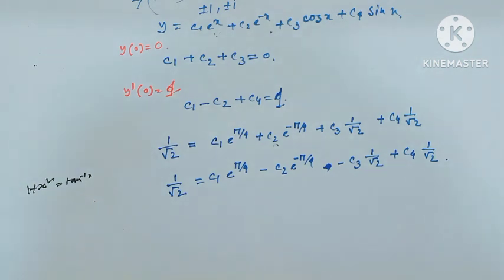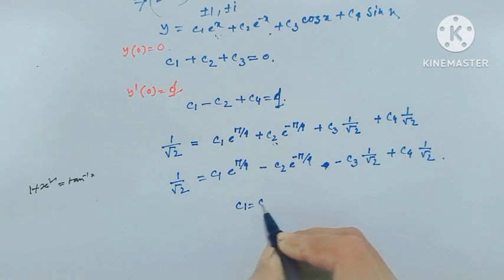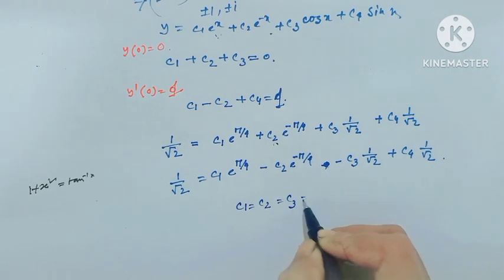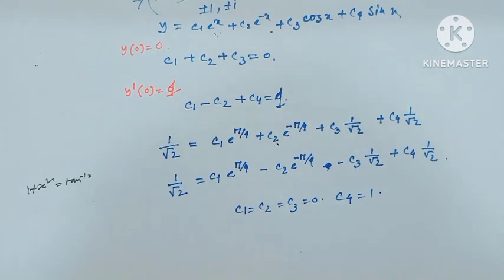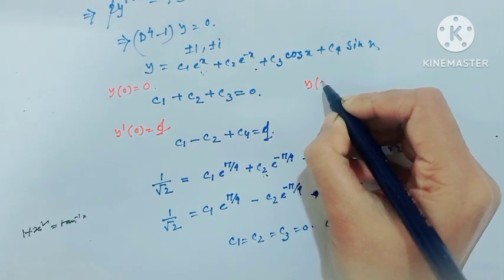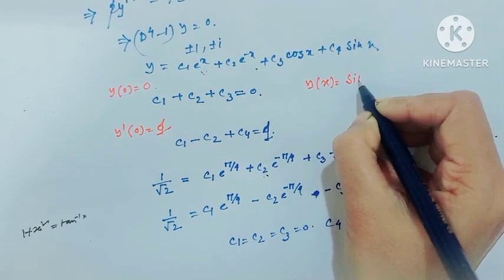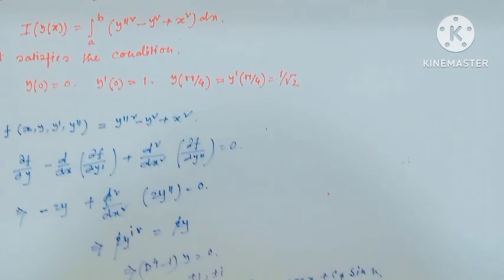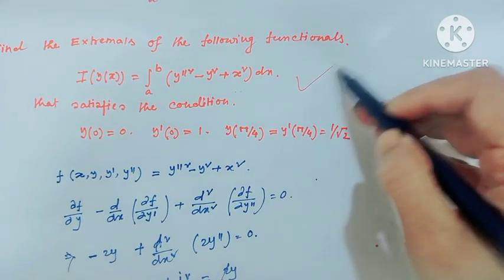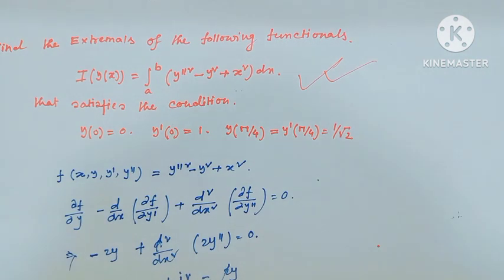By putting in all the initial conditions and calculating, I get c1 equal to c2 equal to c3 equal to 0 and c4 equal to 1. Therefore y(x) equal to sin x is the extremal of the given functional. I hope all my viewers have understood this question easily.